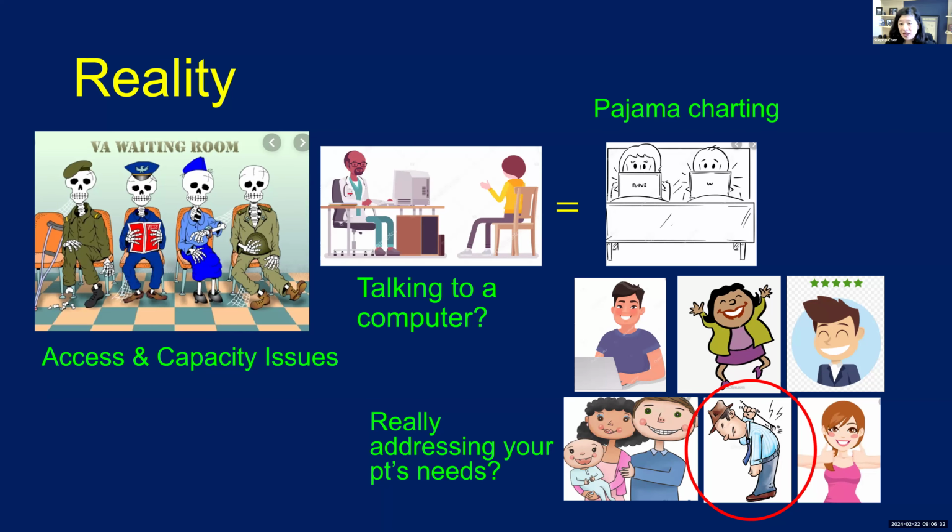And that computer follows you even when you go home, because there's a whole lot of charting to do. And so we spend a bit of time doing what I call pajama charting. And then maybe you're actually not making everybody super happy. There are some of those patients whose needs you really are not addressing. So this is probably more of the reality that we're facing.